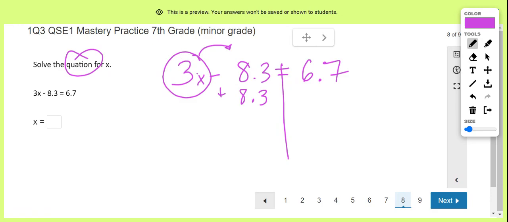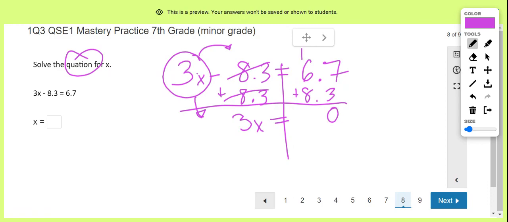We're going to add 8.3 to both sides. Bring the variable term down to the next step. So we got 3 plus 7 is 10, carry the 1, 6, 7, and then that's going to be 15.